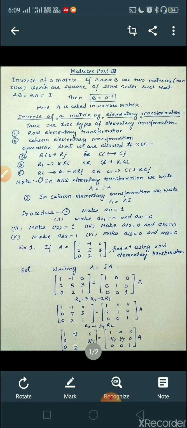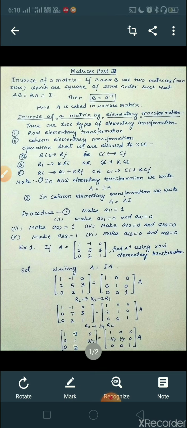If A and B are two matrices which are non-zero and square of the same order, such that AB is equal to BA is equal to I, means the product of two matrices is an identity matrix, then these two matrices will be inverses of each other.